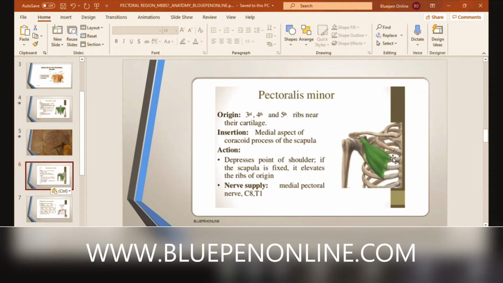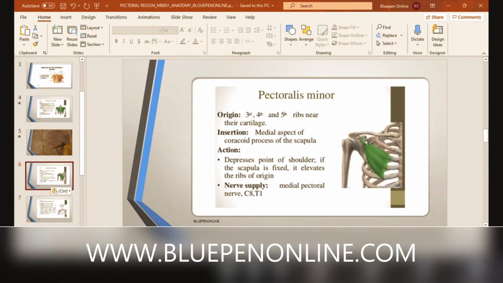Origin is from the 3rd, 4th and 5th ribs near the cartilage. Yes, see, this is your first rib, second rib, 3rd, 4th, 5th. So this muscle takes origin from the 3rd, 4th and 5th ribs near their cartilage. And insertion? To the medial aspect of the coracoid process of the scapula. Yes, coracoid process of the scapula.